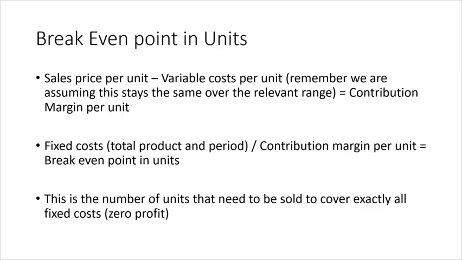So we divide fixed cost by the contribution margin per unit. That gives us your break-even point in units. Now, you may need to round because obviously you cannot sell part of a unit. But that'll tell you how many units you have to sell to be able to cover your fixed costs and your variable costs. But it will make zero profit.